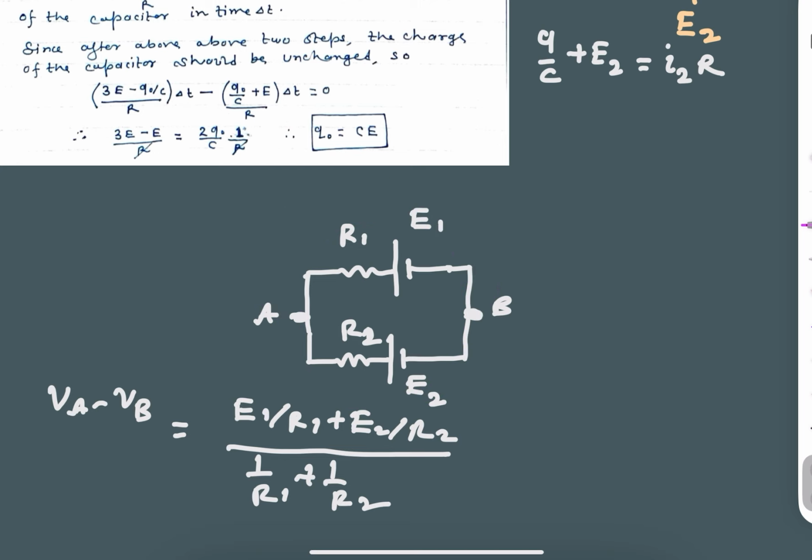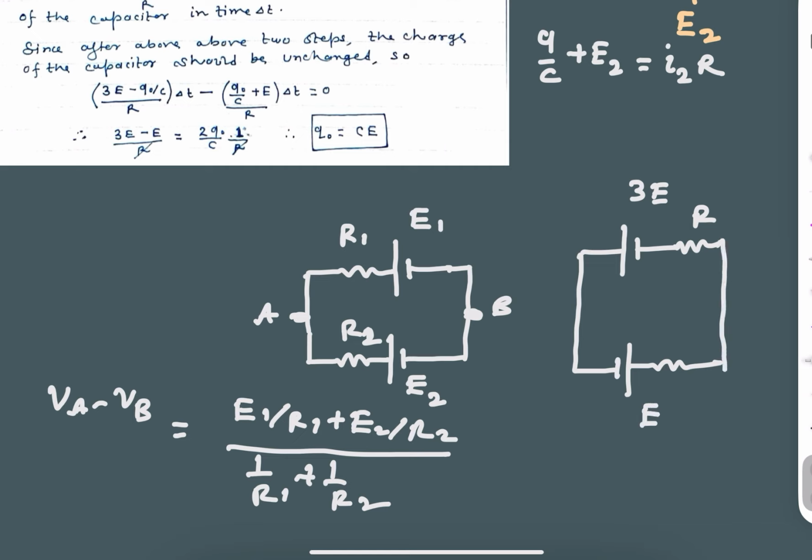So if you understand this concept and use it here, there was a cell of EMF 3E with resistance R, and there was another cell of this EMF E with this polarity as shown here, with R, and here we have a capacitor.